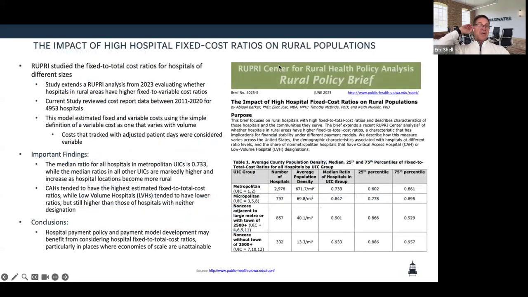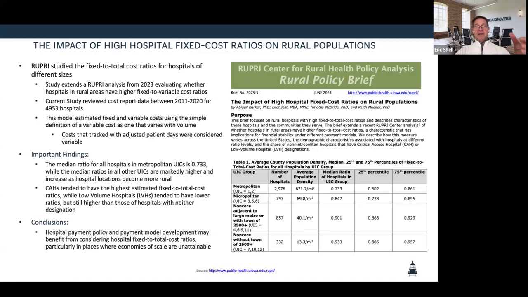This was a great study that came out of the University of Iowa School of Public Health. They looked at cost report data from 2011 to 2020, so ten years of cost report data for about 5,000 hospitals.